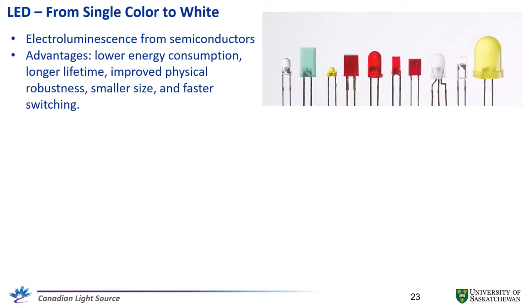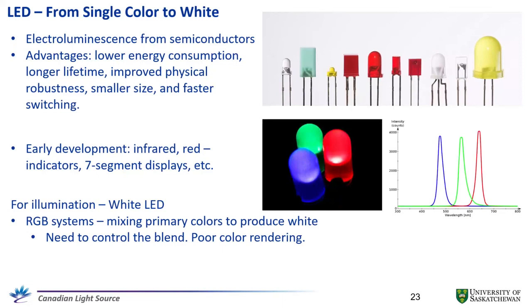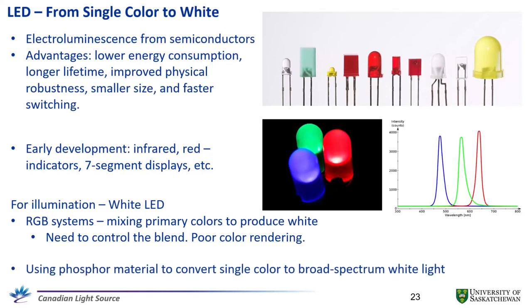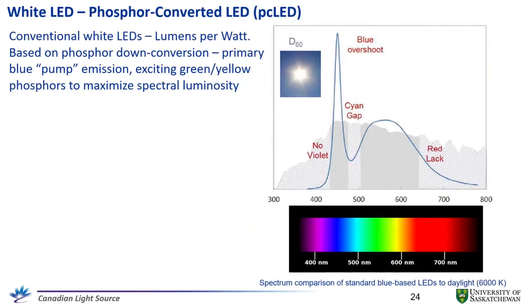This is another example, using X-ray absorption and X-ray emission to look at the electronic structure of LED material. In this case, people want to generate some very special LED material to fill this gap, to make sure we have very accurate color rendering.